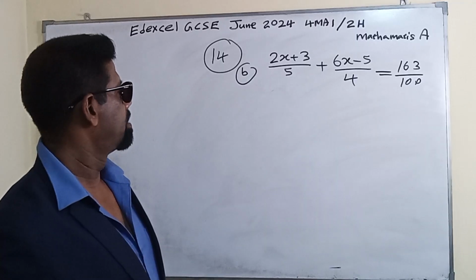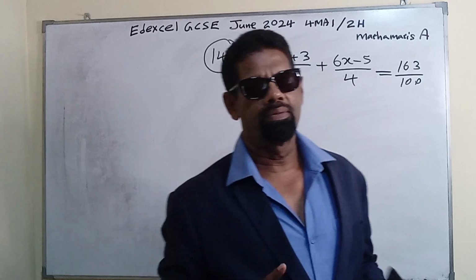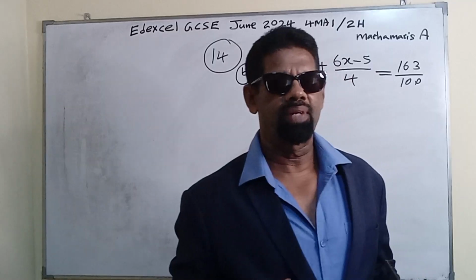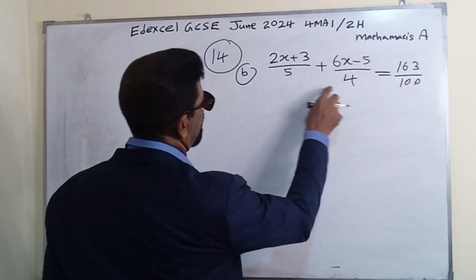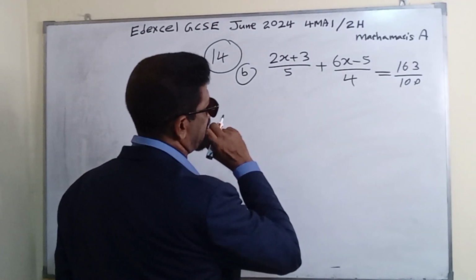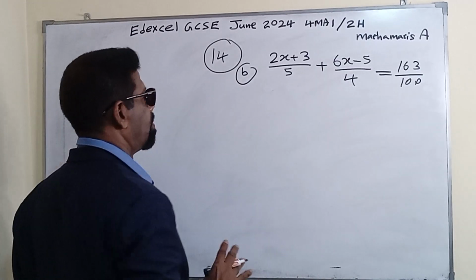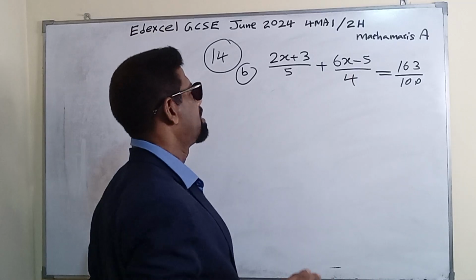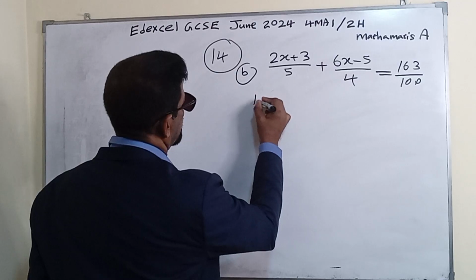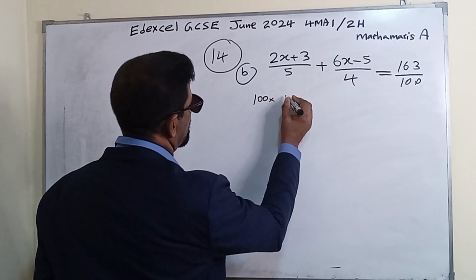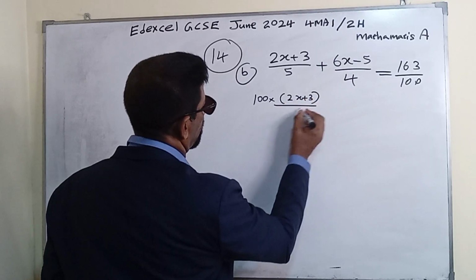So how to do this? I think you can remove the denominator numbers in this fraction. Now you know actually that 5 and 4 LCM is 20, and that 100 is there. I think it is better to multiply the whole thing by 100. So 100 times 2x plus 3 over 5.